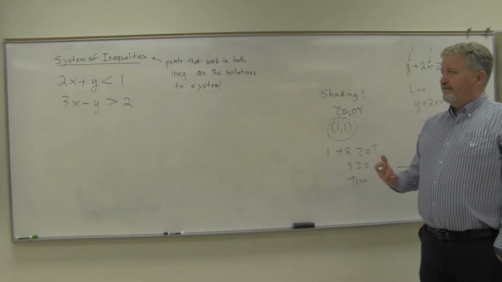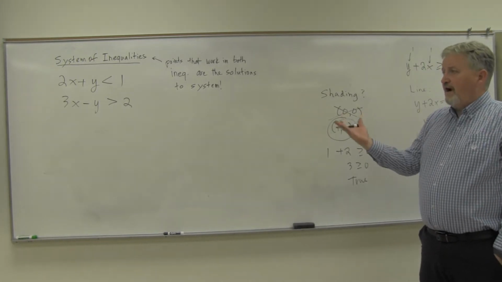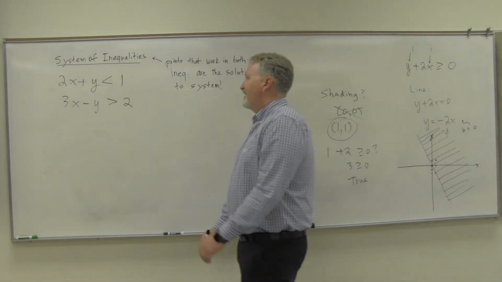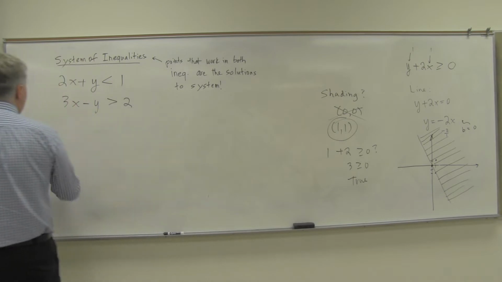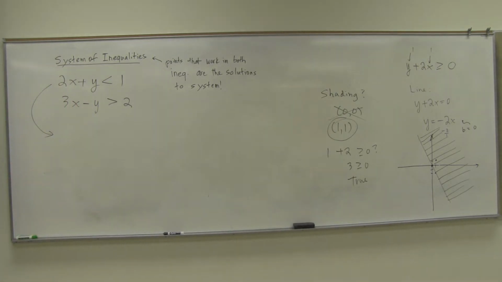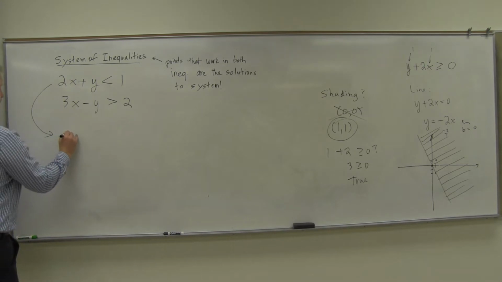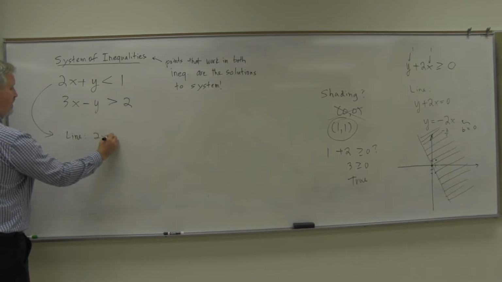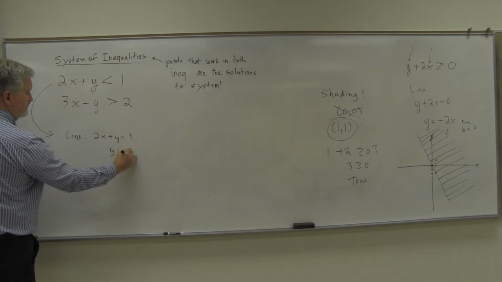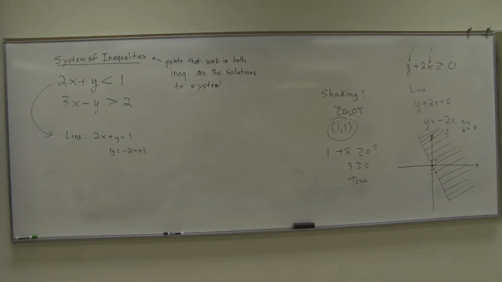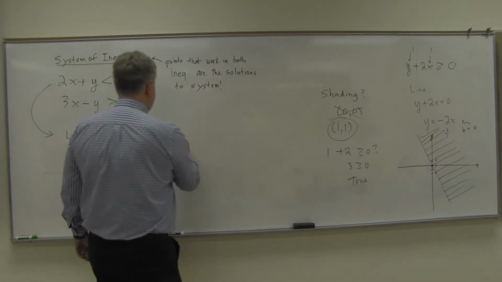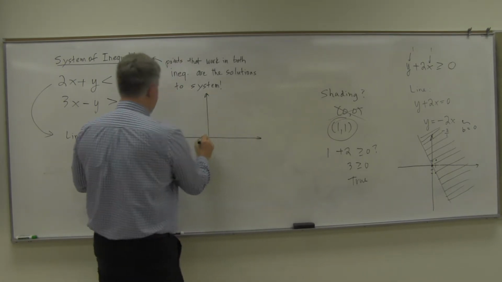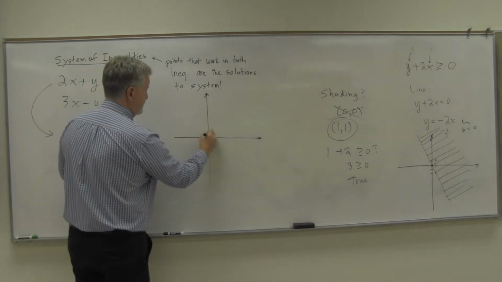So to figure this out, you do the graphs of both of those, and you're just going to overlay them together as best we can. So we're going to graph number 1, the top one. To do that, you do the line 2x plus y equals 1, so that's y equals minus 2x plus 1, right? And so that line is pretty simple. B is 1, the intercept's 1.